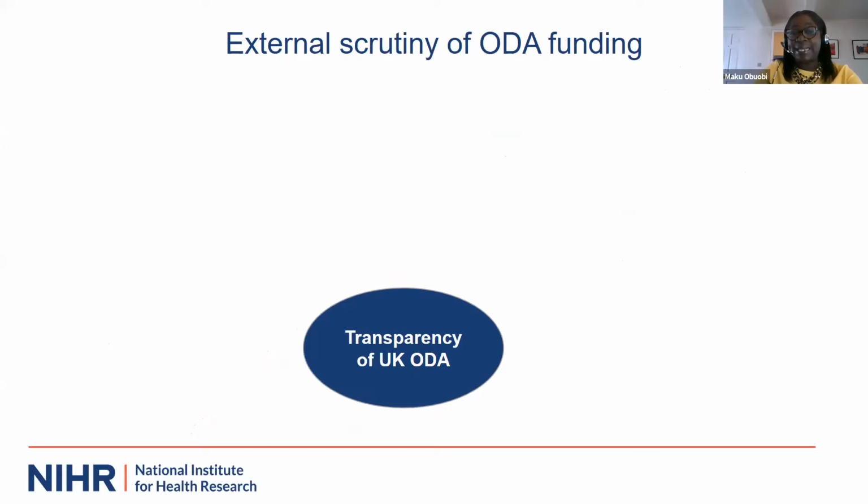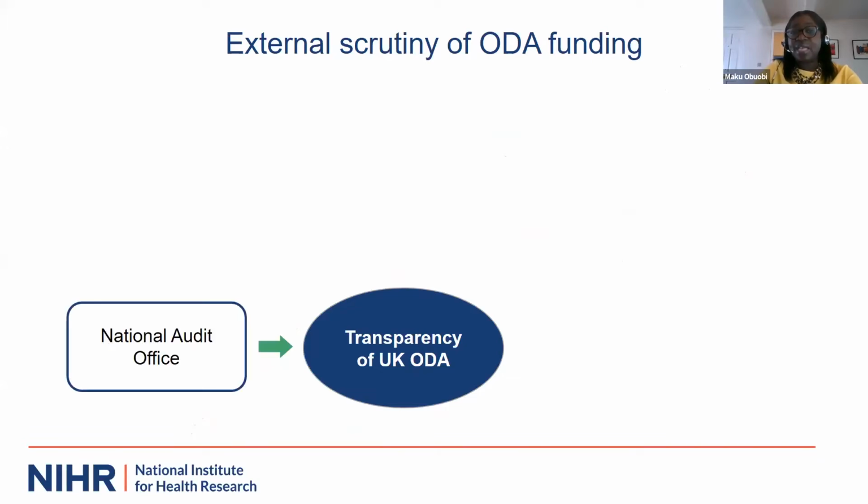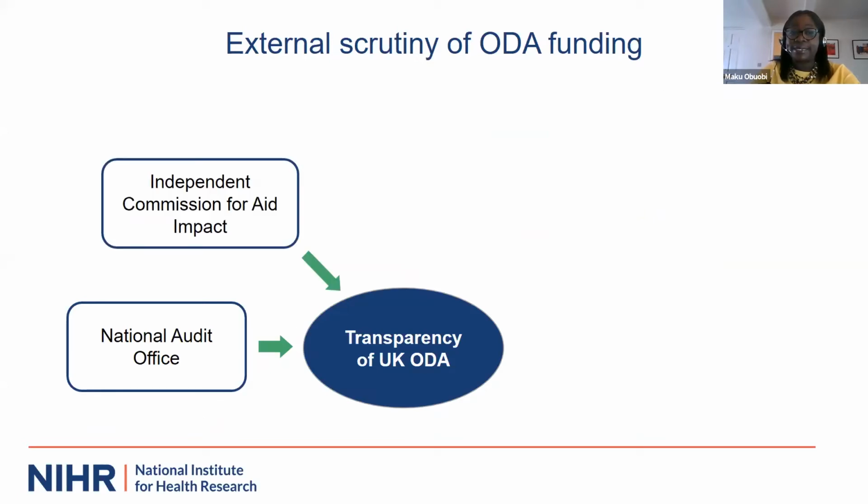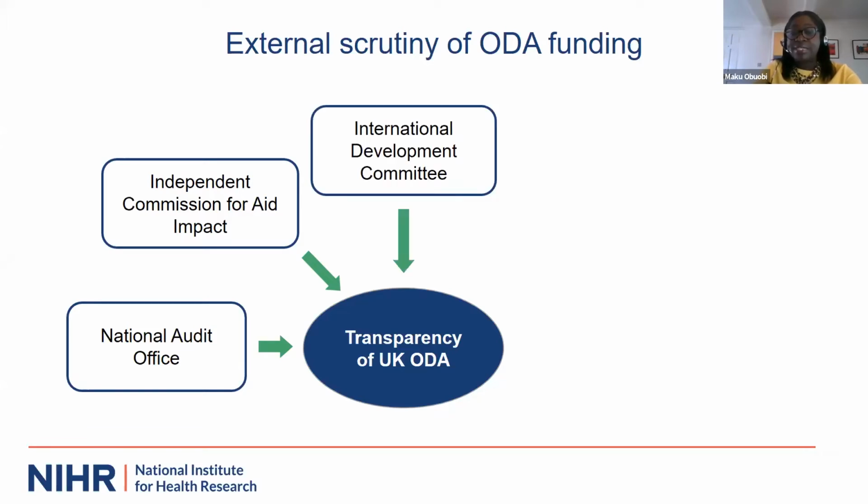government's aid spending. Some of these are the National Audit Office, who are responsible for auditing central government departments, government agencies, and non-departmental public bodies. The Independent Commission for Aid Impact, who are responsible for scrutiny of UK aid and undertake an annual review across government departments responsible for the aid budget. There's an International Development Parliamentary Committee, which has the remit of examining the expenditure, administration, and policy of government departments responsible for aid spending.